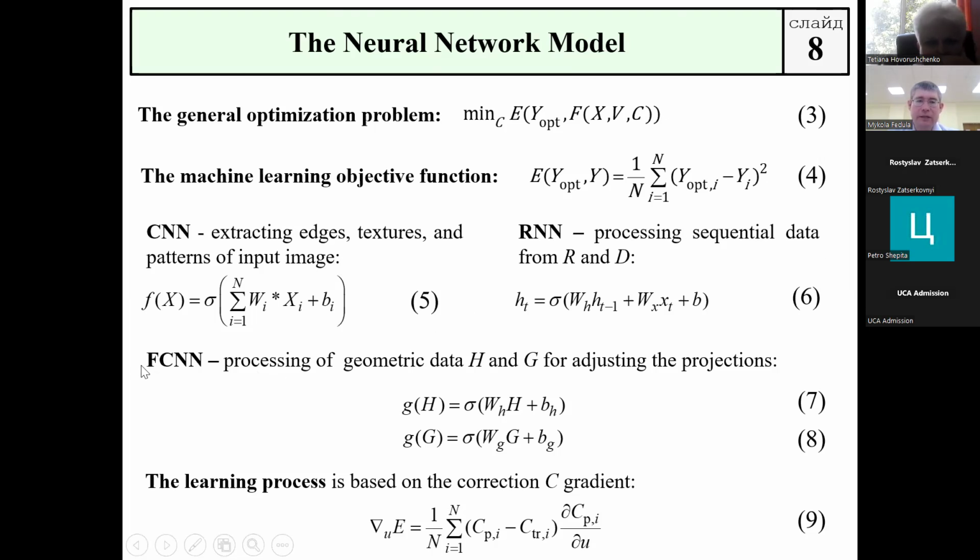The FCNN, fully connected neural network, is for processing of geometric data H and G with triangulation for adjusting the projections. The learning process is based on the gradient descent method.